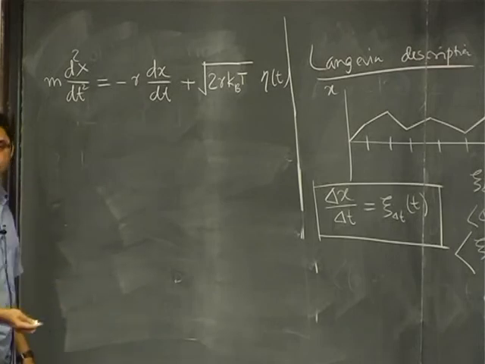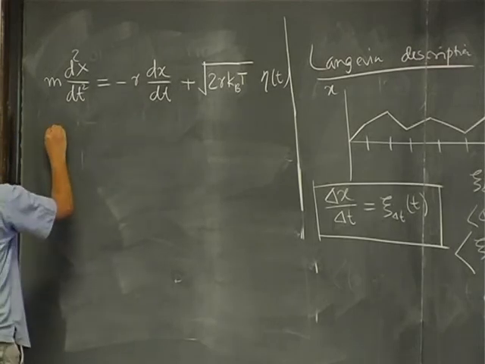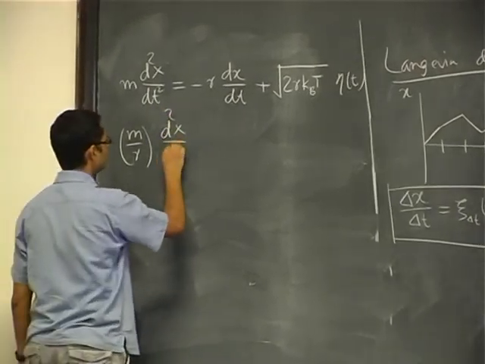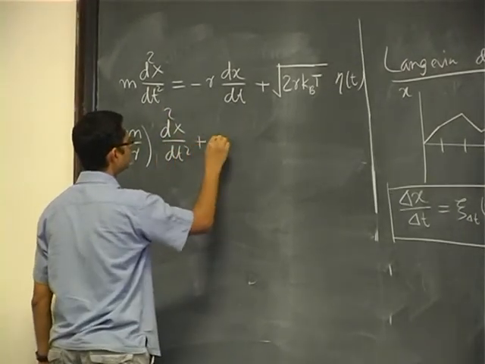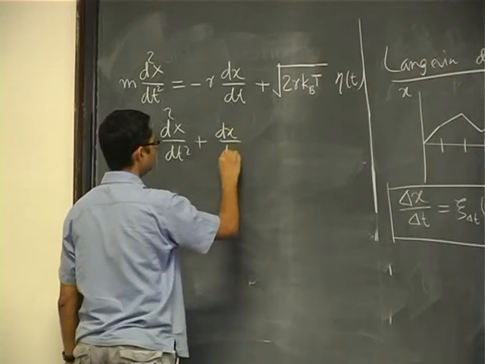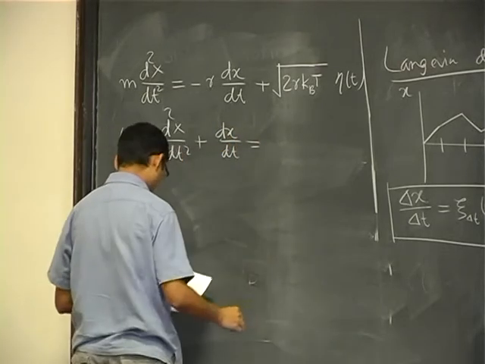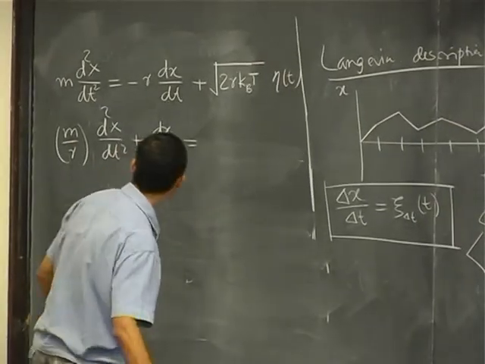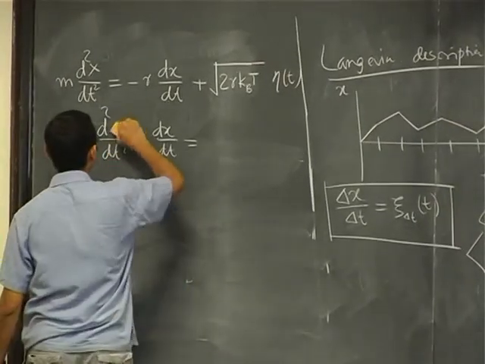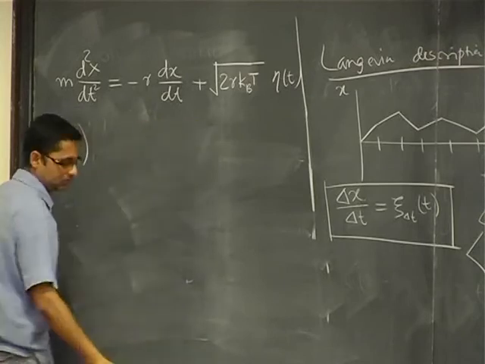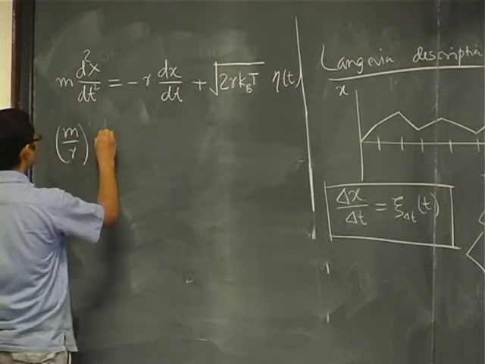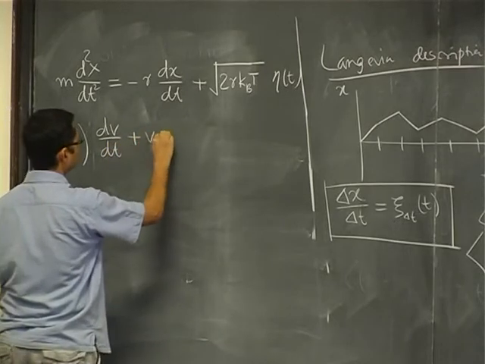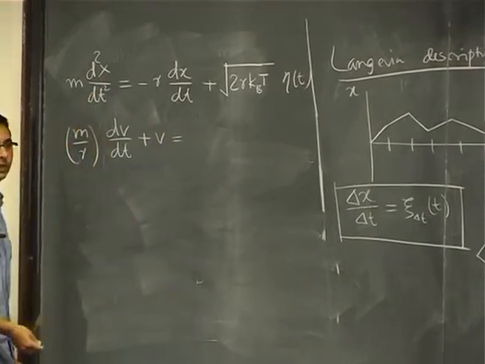I divide by gamma everywhere, so I have m by gamma d2x by dt2 plus dx by dt. Here dx by dt is equal to v.